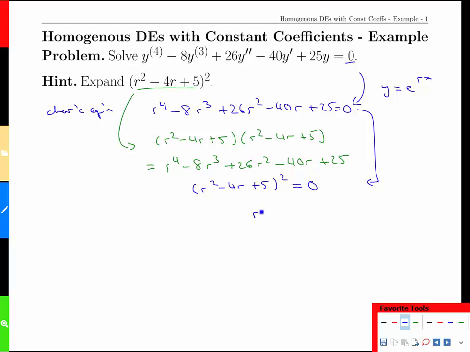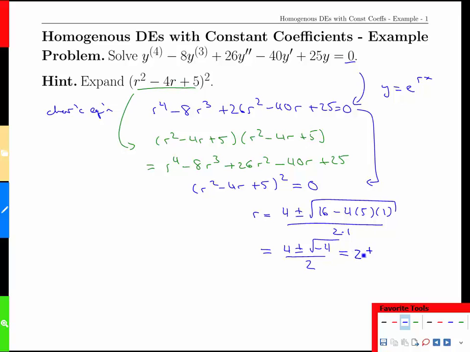Well, this is not trivial to factor. Why don't we use the quadratic equation here to help us out? We'll have negative negative 4 plus or minus the square root of 16 minus 4 times 5 times 1, all over 2 times 1. That's going to be 4 plus or minus the square root of 16 minus 20, which is minus 4. That's going to be 2 plus or minus, we can bring the 4 out.